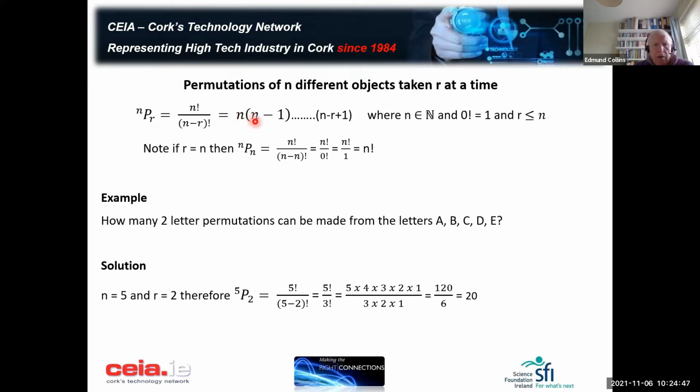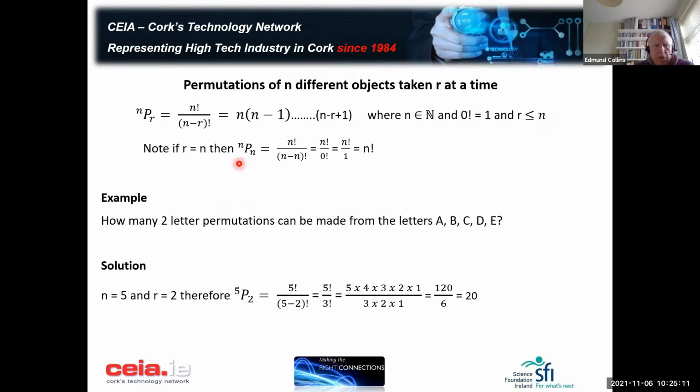That's n by n minus 1 and so on, where n is a natural number, factorial 0 is 1, and very importantly, r is always less than or equal to n, or cannot be greater than n, but it can be equal to n.